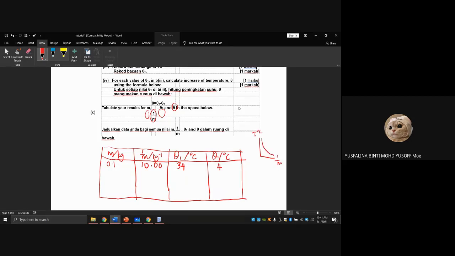But for m, if you draw m, you will get a line like this. Why do we need 1 over m? Because we want to show the relationship between m and theta.